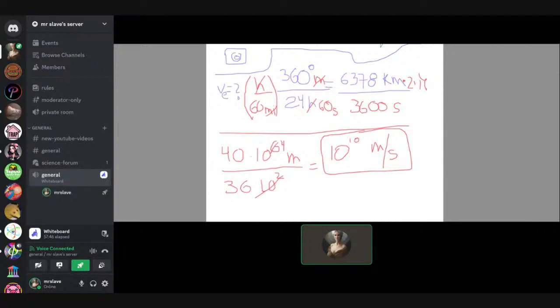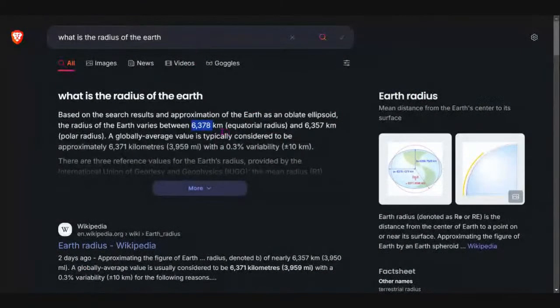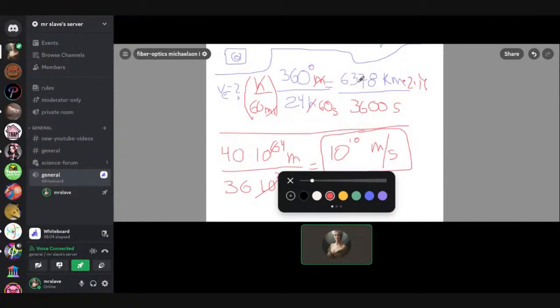No, it is. It says, what is the radius of the Earth? 6,000 kilometers? That's huge. Okay, let's assume it's 6,000 kilometers. We didn't get that wrong. Okay. 6,000 kilometers.